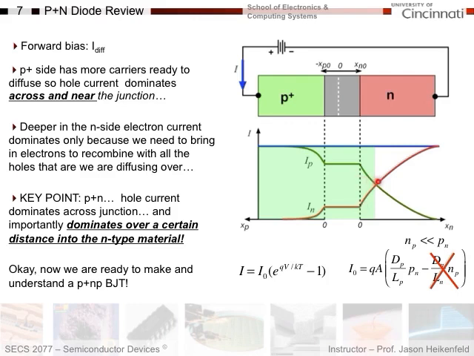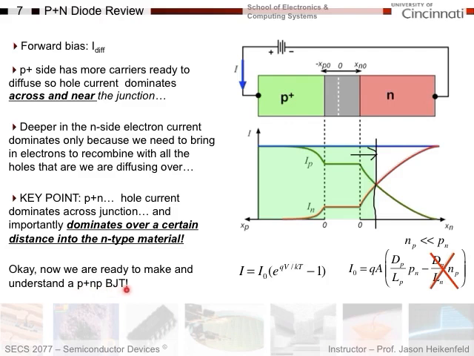So not until I get about right here do I start to see electron current start to dominate. And so up to this point here, the hole current absolutely dominates. That's going to be really important because this is going to be the base region of a BJT, and the hole current dominating is going to be critically important. Okay? So, I think at this point now we're ready to make and understand a P plus NP BJT.